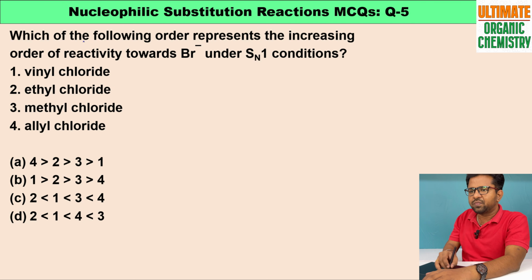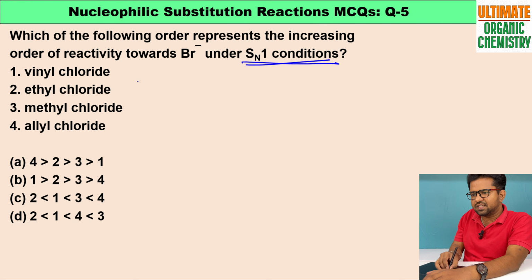Question number 5. Which of the following order represents the increasing order of reactivity towards bromide ion under SN1 reaction? So again they have asked SN1 reaction reactivity order. So what you need to do is draw all 4 species' carbocations. The first, vinyl chloride, will give vinyl cation.